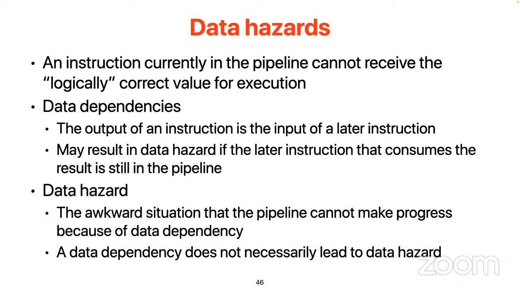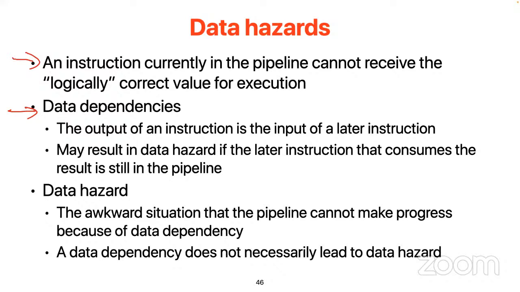Now, data hazard is the third type of hazard that we have to deal with. Data hazard arises from data dependency. It means that an instruction currently in the pipeline cannot receive the logically correct value for execution. It doesn't mean it cannot receive a value, but it cannot receive the right value that generates the result the programmers want. A lot of us confuse the idea of data hazards with data dependency.